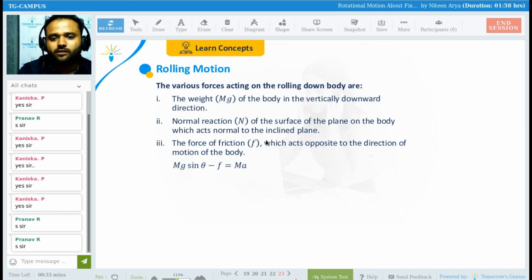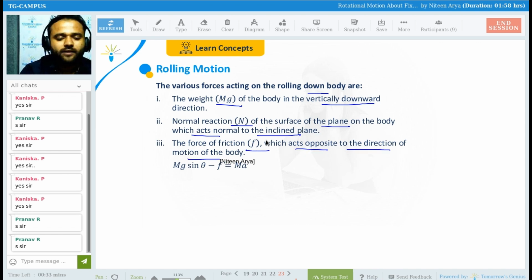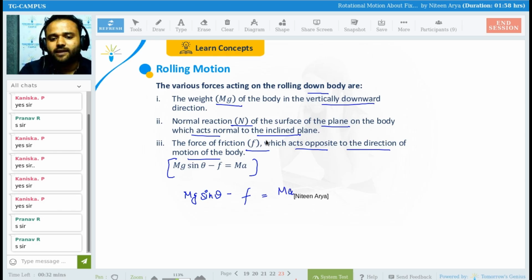The various forces acting on a body rolling down are the weight mg of the body in the vertically downward direction, the normal reaction force N of the surface of the plane on the body, which acts normal to the inclined plane, and the force of friction, which acts opposite to the direction of motion of the body. So this equation is mg sine theta minus friction force equals ma, where we use acceleration for rolling.